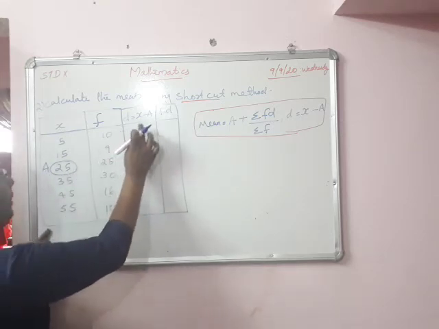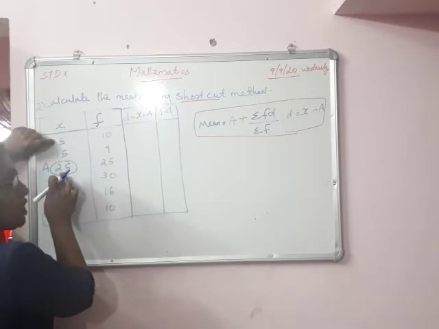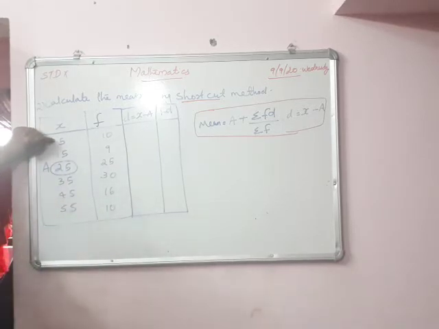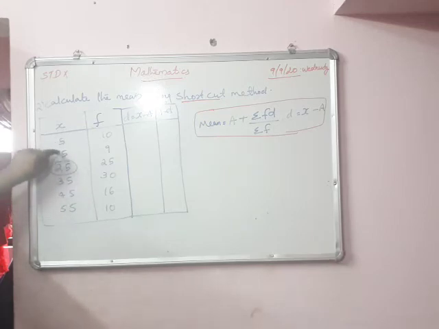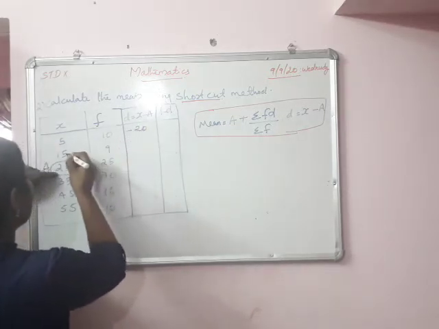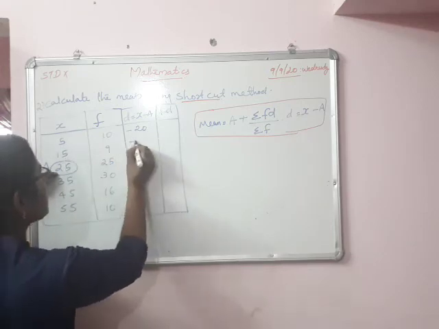So D is equal to X minus A. X minus A means 5 minus 25. Don't forget, most of you solve in the exam as 25 minus 5, 25 minus 15, like that. That is wrong. 5 minus 25 is minus 20. Then 15 minus 25, minus 10.